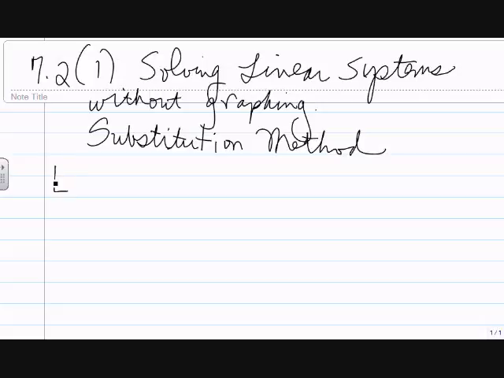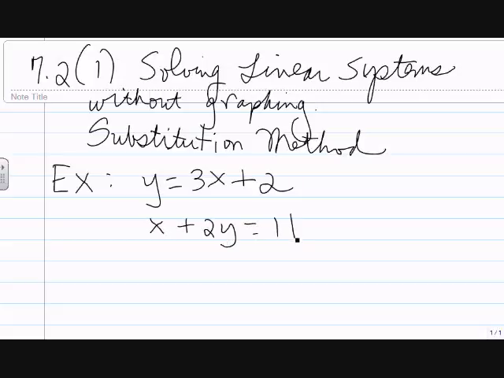So, we'll do a little simpler example. y equals 3x plus 2, and x plus 2y equals 11. This is a system of two linear equations.